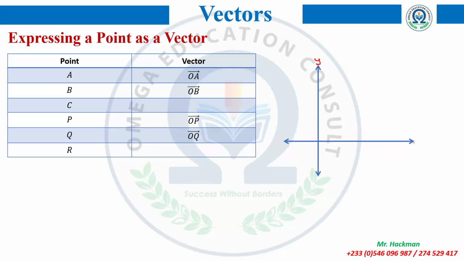In math, anytime we want to prove or show a certain point which deals with the Cartesian plane, usually we go for the first quadrant, just for the simple reason that we want to avoid negatives.